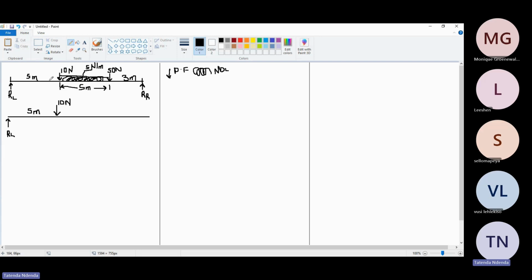So meaning that from this point of 10 up to this point of 50, we are having 25 newtons, right? But now that 25 newtons has to be equally distributed within this beam, right? So when we are equally distributing it within the beam, it's going to be somewhere here, meaning that this is our 25 newtons, right? And from this end now, it's no longer 5, but it's actually now 2.5 here.